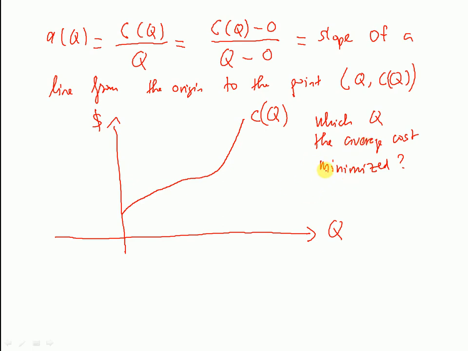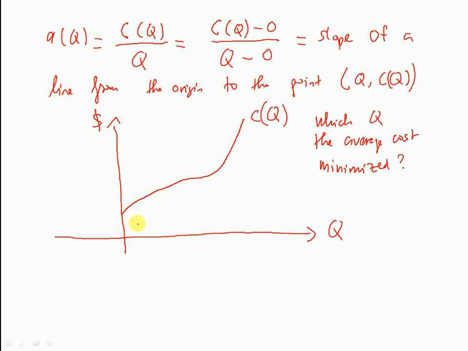So we are looking for the number of units that has the minimized average cost, right? You want to minimize the average cost. So remember, the average cost is equal to C(Q) over Q, the same thing as this one minus 0. And this is actually the slope of a line from the origin to the point Q and C(Q).